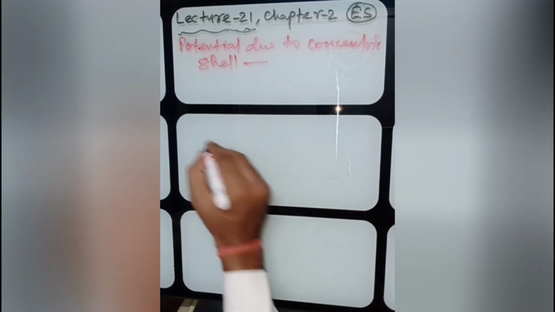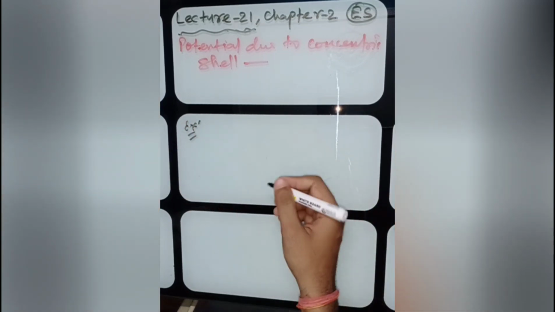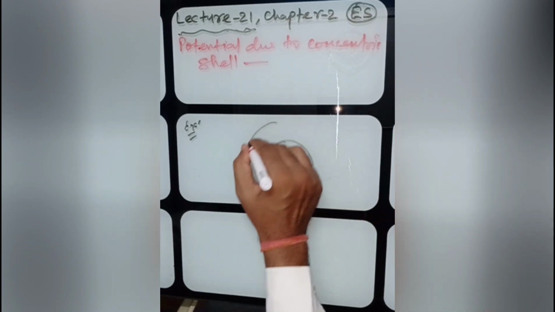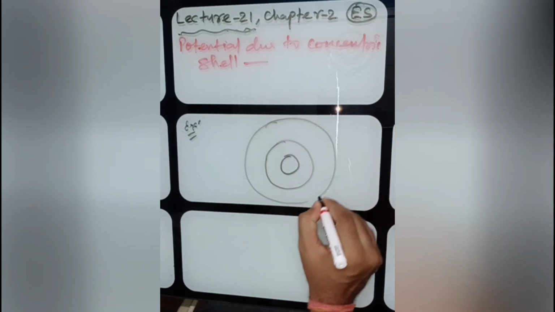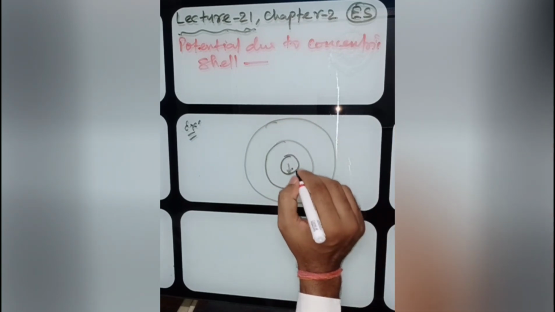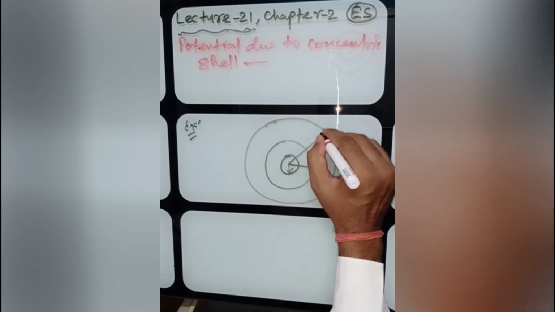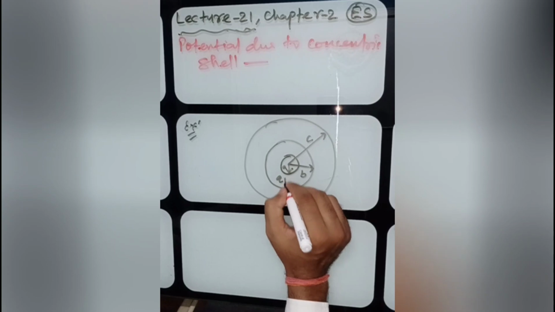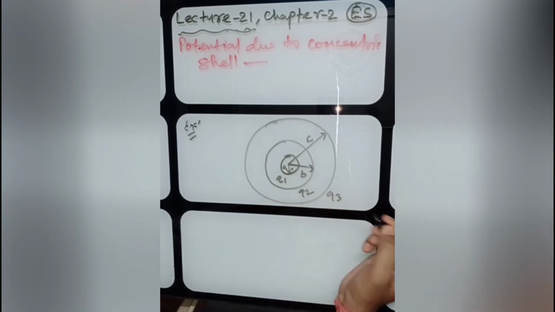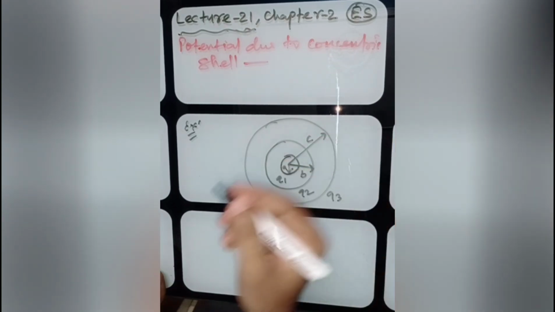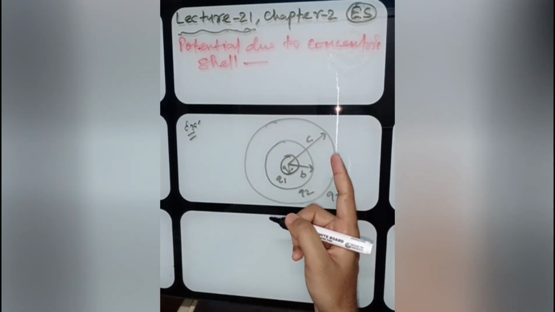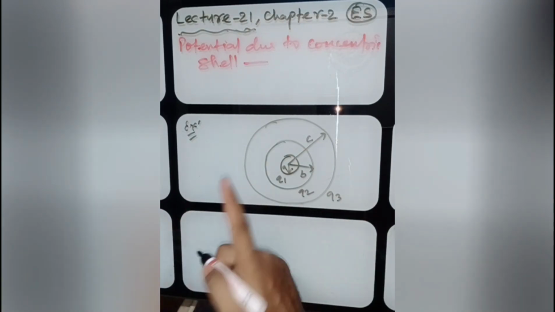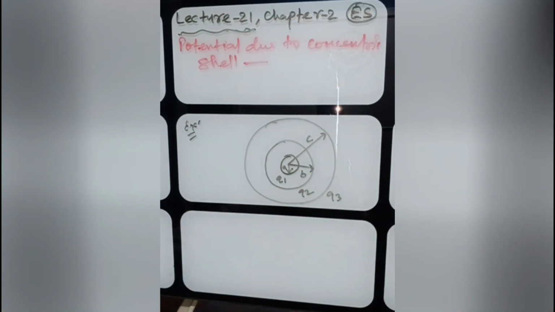Suppose you have three concentric cells, with radius R1, R2, R3, or suppose radius A, B, C. The charges are given, Q1, Q2, Q3, and you have to find the potential at 1, 2, 3. So what will be the potential at 1, 2, 3? Pause your video and try to write the answer. My dear students, I am also writing the answer by pausing the video.